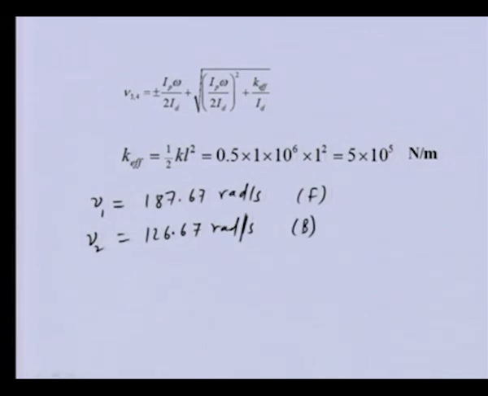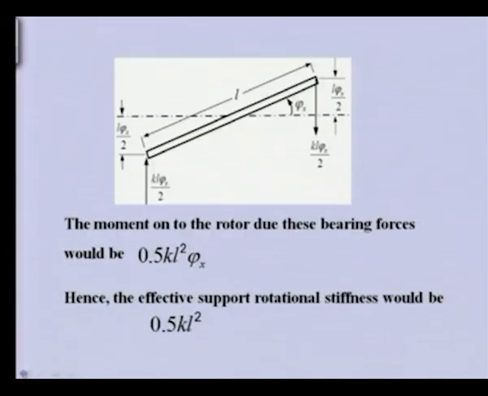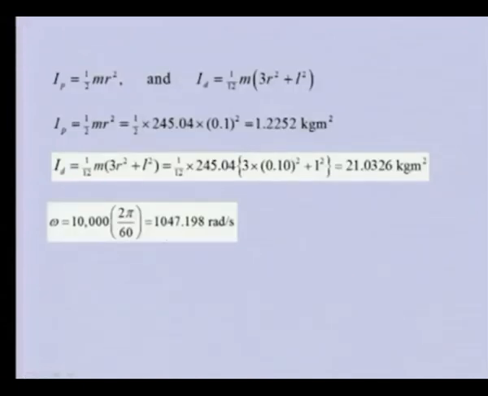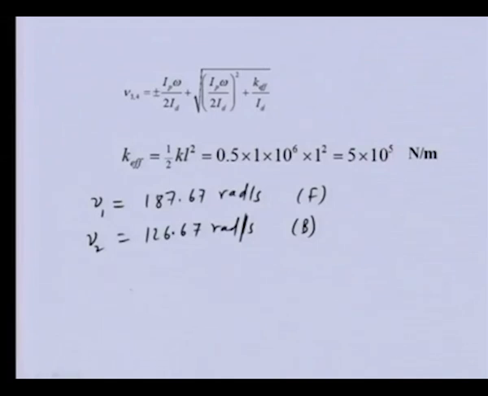You can see that the spin speed was 1047 radians per second, but the whirl frequencies are these. So, obviously, we are well above the critical speed.